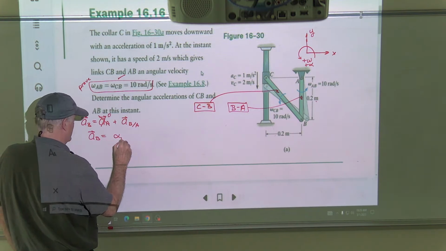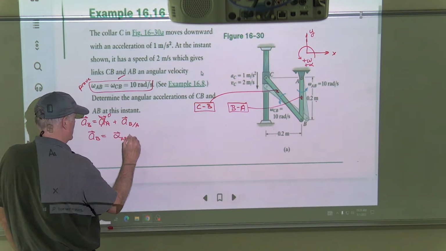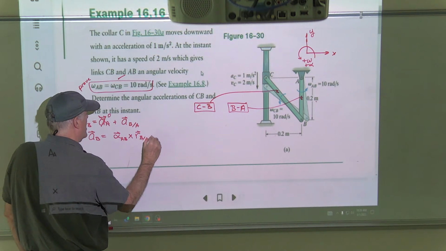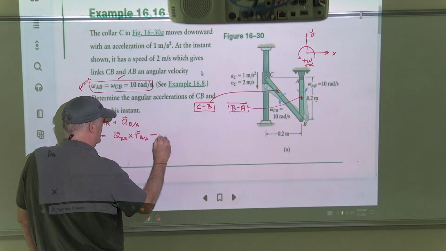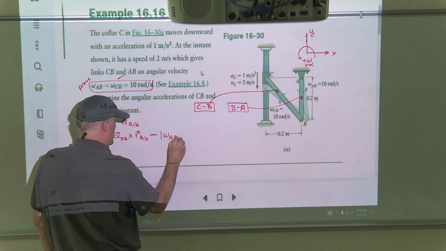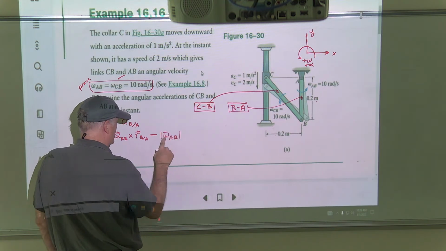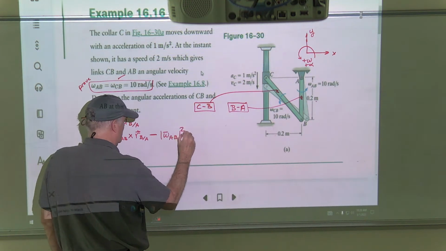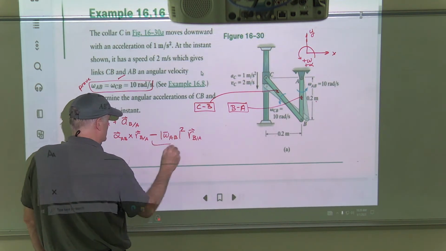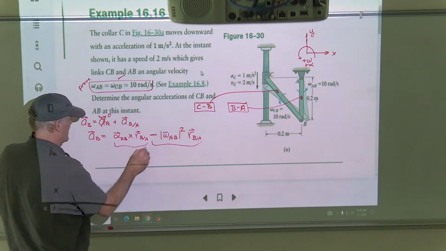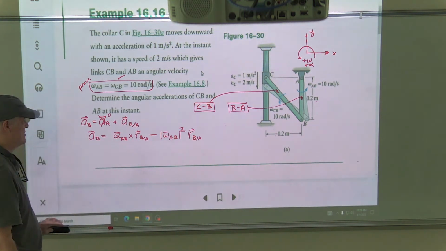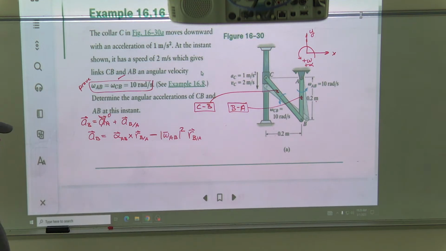It's alpha AB, the vector, crossed R B to A, minus the omega AB, the magnitude. It's a vector, so take its magnitude, square it, and R B to A. So this will be the centrifugal part. This will be the tangential, which is usually along ST, whatever.